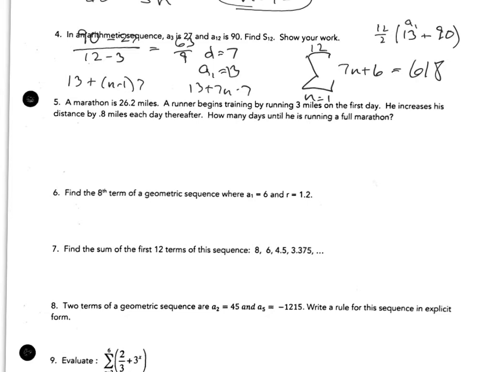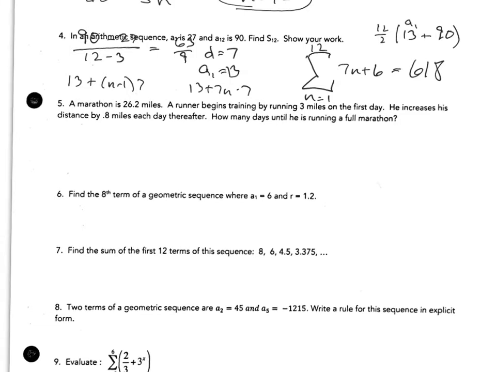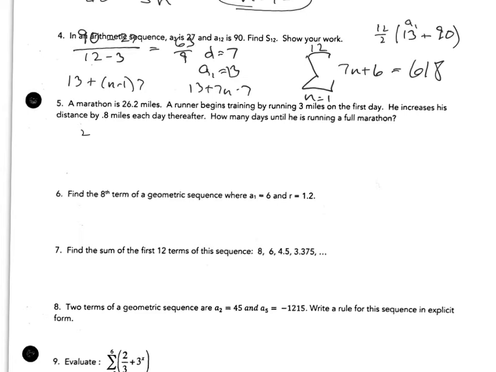Okay, sorry about that. There is a story problem that you'll have to just get the gist of the problem here. So we're starting 3 miles on the first day, and the total would be to get to the 26.2, not to get further. He increases his distance by 0.8 miles each day after. How many days until he gets to a full marathon? So we know that the answer, 26.2, is equal to the first term, 3, plus n minus 1 times 0.8.